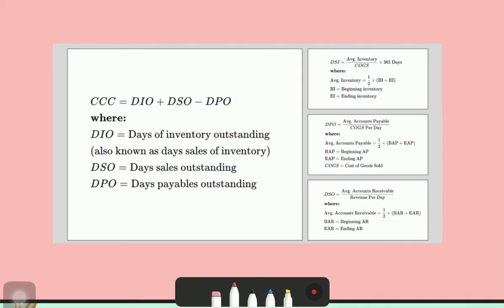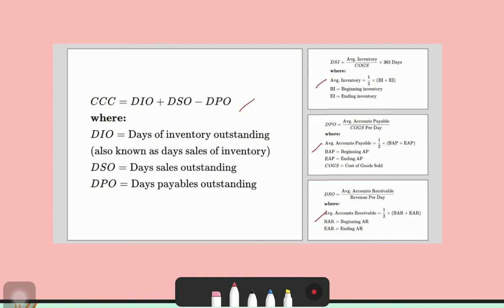The formula is CCC equals DIO, days of inventory outstanding, plus DSO, days sales outstanding, minus DPO, days payable outstanding. We calculate DIO using average inventory, DPO using average accounts payable, and DSO using average accounts receivable.